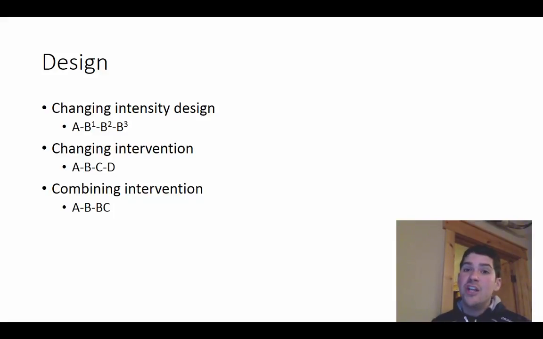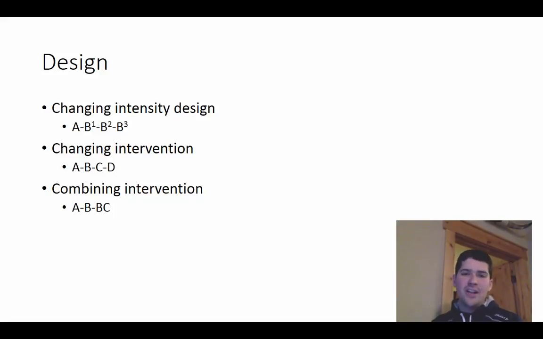Then we have actual changing intervention studies where we have a period of observation. We implement intervention B, which might be cognitive behavioral therapy, and then we stop cognitive behavioral therapy and start intervention C, which might be, say, group therapy. And then we stop group therapy and we implement intervention D, which could be something like mindfulness-based training.